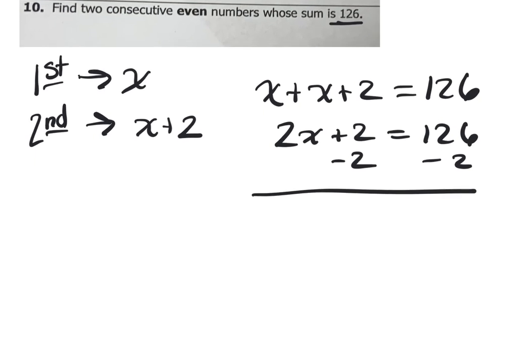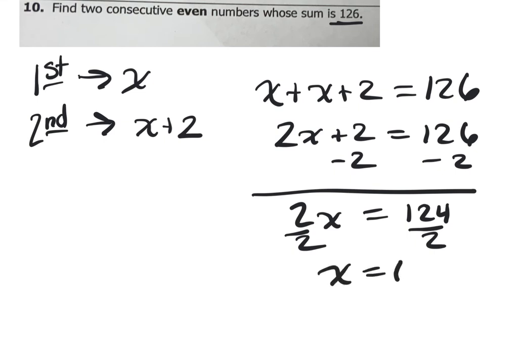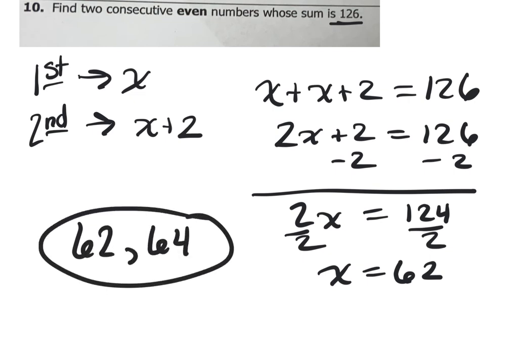Subtract your 2 over. So 2x equals 124. So if I divide by 2, x equals 62. Is that an even number? Yeah. So what's my next number going to be? 64. Does 62 and 64 give you 126? Yes.